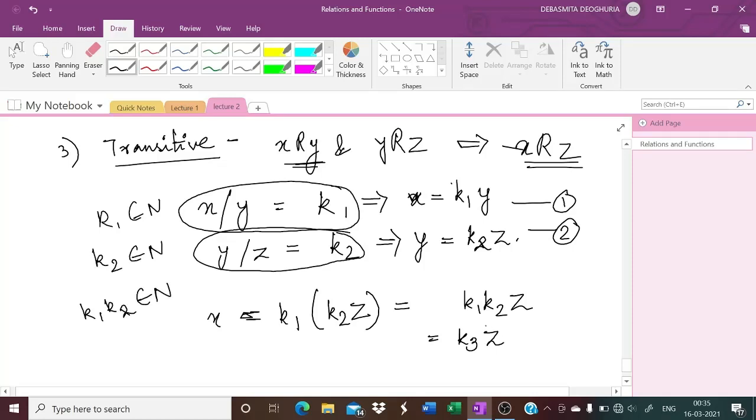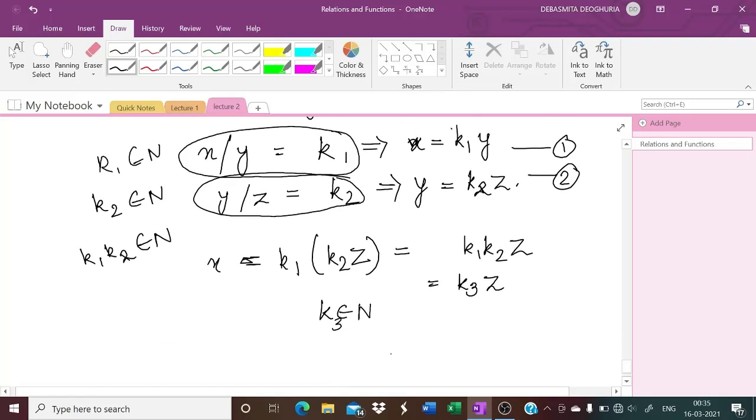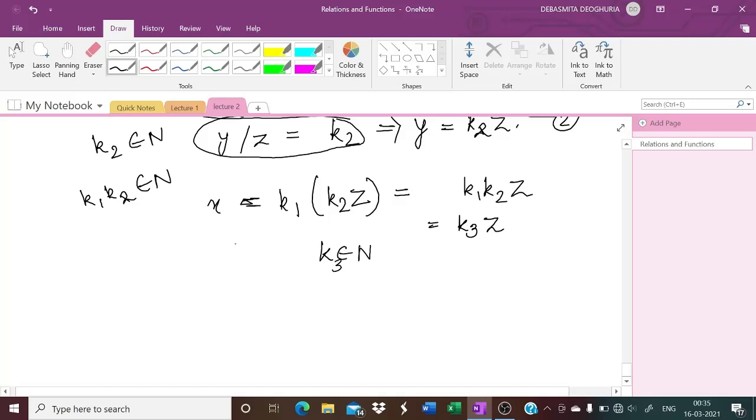So k1 and k2, which is k3, will also belong to natural numbers. So you can see that x divided by z would also give me one natural number, which means x is actually divisible by z.